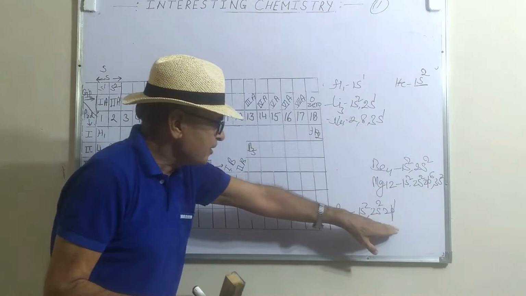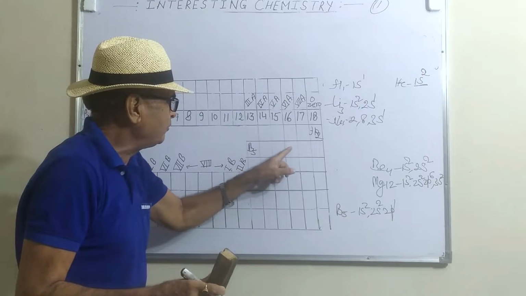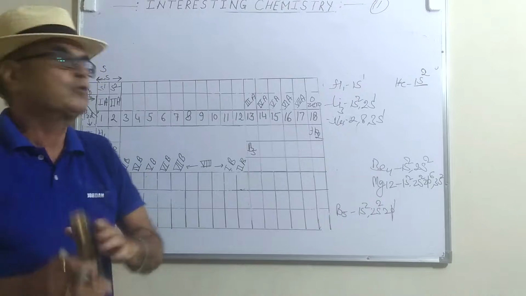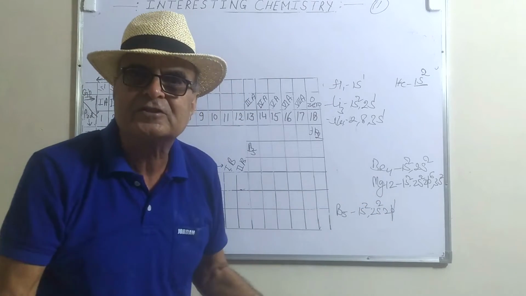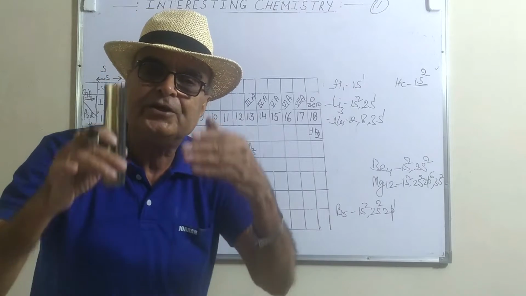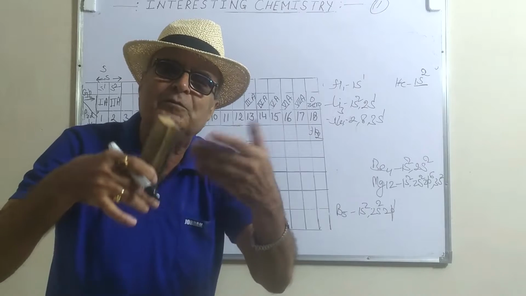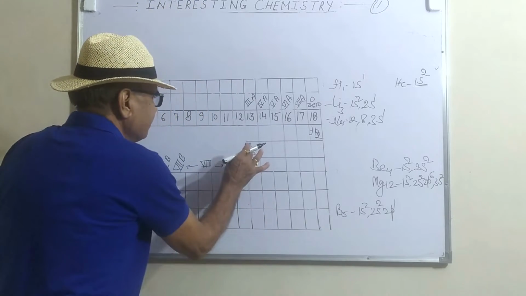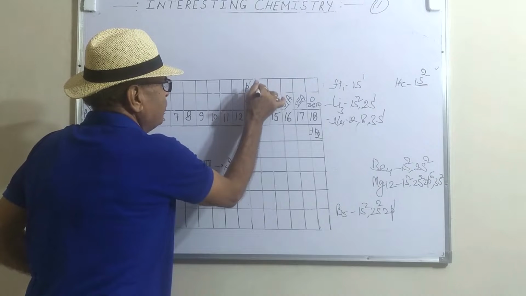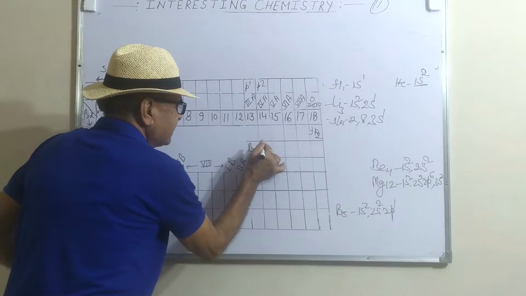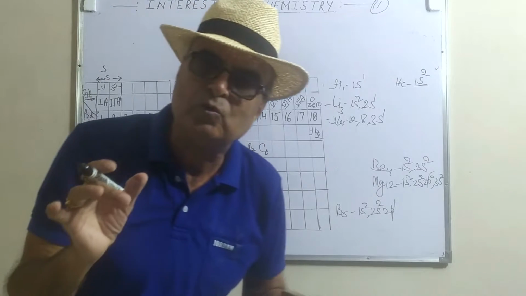In p there are 6 electrons: 1, 2, 3, 4, 5 and 6. So here the filling of the p orbital starts, and gradually the p orbital will be filled like this. This is p1, boron, then carbon 6, 1s2, 2s2, 2p2.